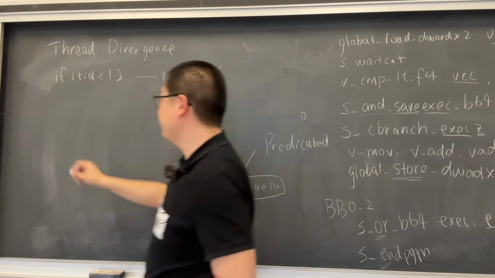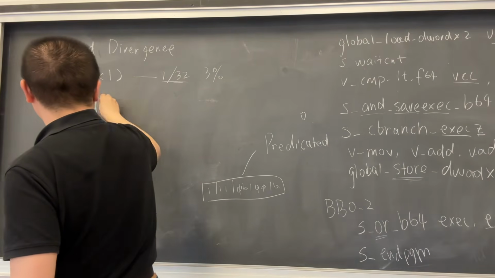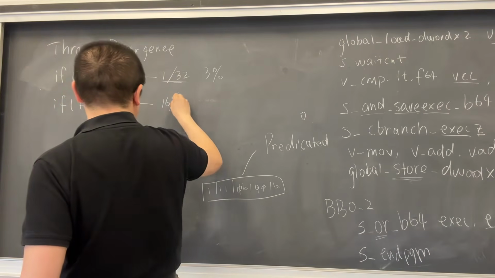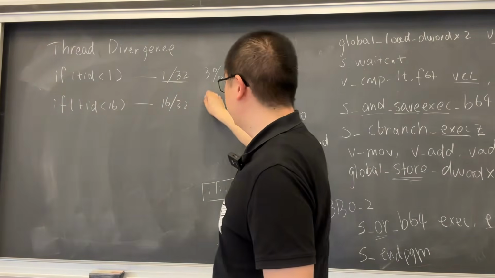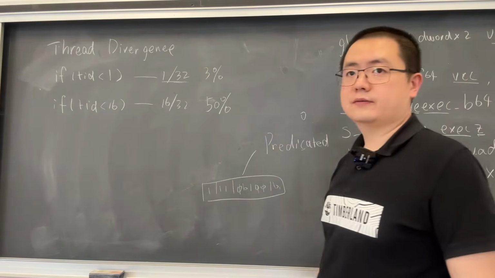Now, if you have something like if TID is smaller than 16, then we have 16 over 32 available. In that case, we have 50% utilization, right?